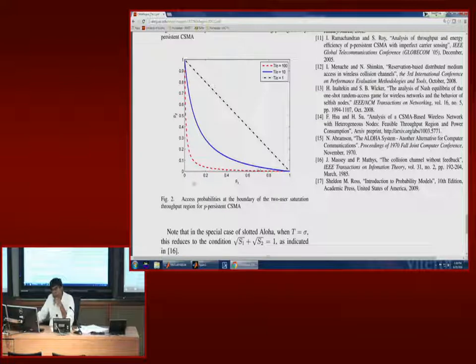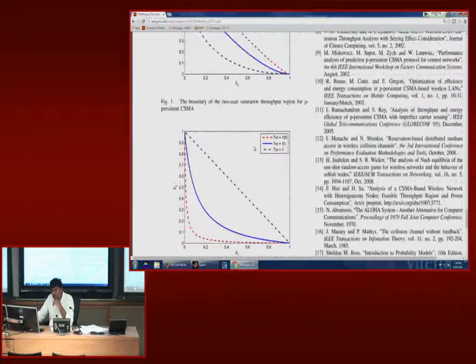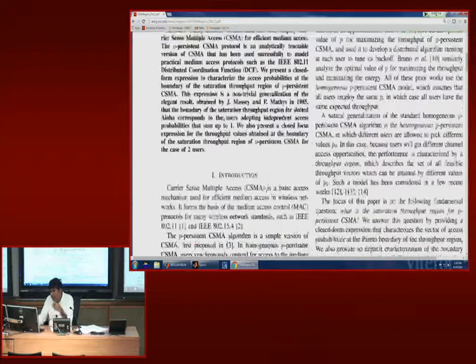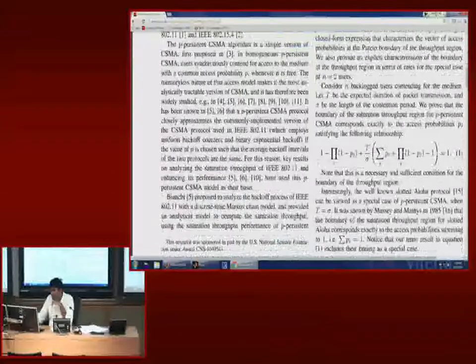So for small values of P1, it's a much higher value of P2, but as P1 gets larger, P2 drops much more. So basically, there's a different condition that you end up with. But of course, the special case of slotted aloha is the limiting case when TS over delta goes to 1. And I'll provide a pointer to this paper if anyone's interested.